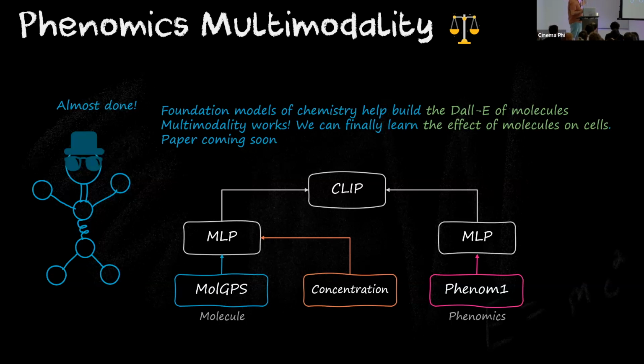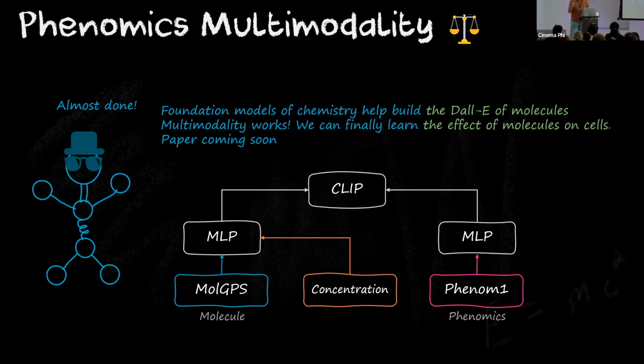But still, what we find is that if you have a foundational model of chemistry and also a foundational model of phenomic images, what you can do is build the DALL-E of molecules. This really allows us to understand the effect of molecules on cells. You can imagine that with that kind of model, given any molecule, you can replicate the microscopy experiment, but in silico.